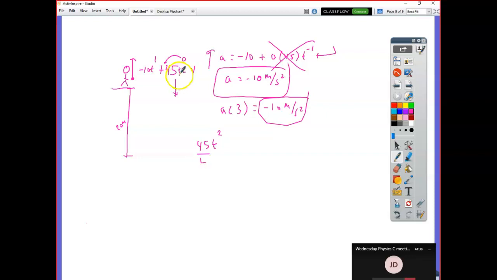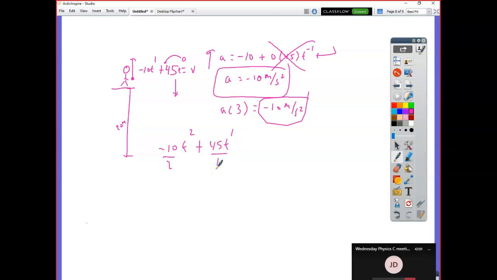Oh, wait, there was a t there. I totally messed that up. I'm reading my writing wrong. Okay, so this is t to the first, so it goes to t to the second. -10 out in front, divided by 2 now. Plus 45, it was t to the 0, so it becomes 45 t to the first, divided by 1.